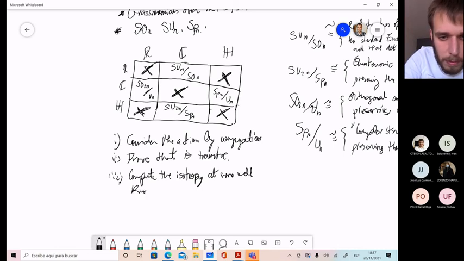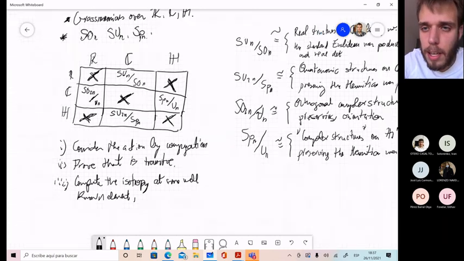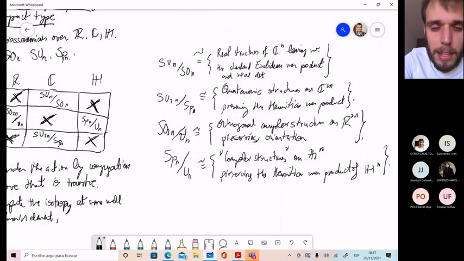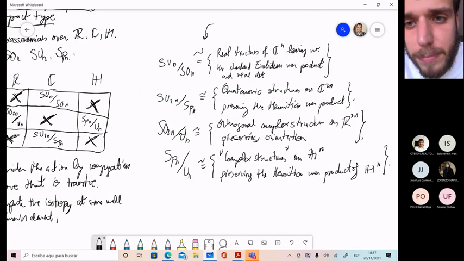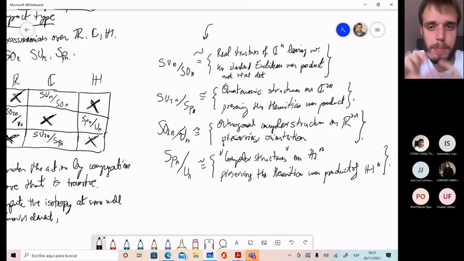For instance, I didn't do this with the Euclidean inner product and the real determinant, but I did it without them. The element that I chose was the standard complex conjugation, because otherwise it's harder to compute the isotropy.